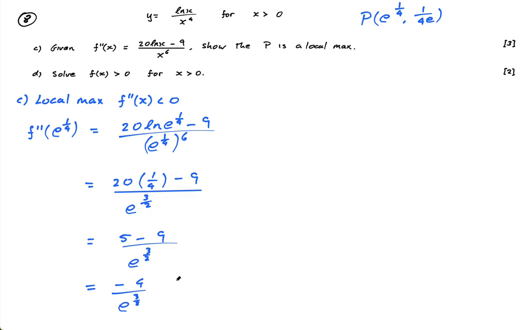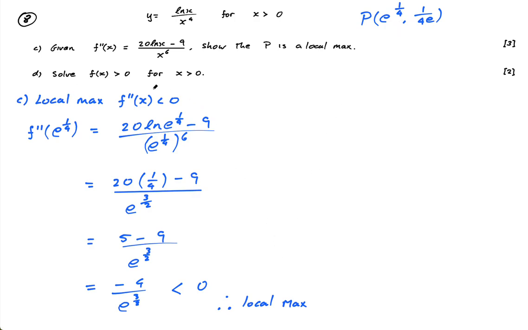And negative 4 over e to the power of 3 over 2 is obviously negative, since a negative over a positive is a negative. So this is less than 0, therefore local max.